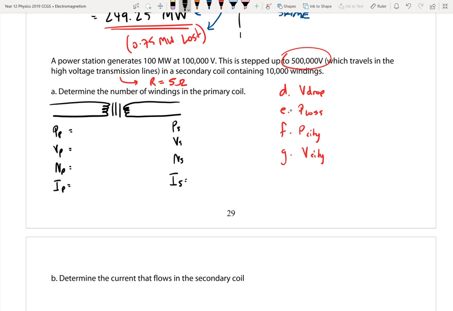All right, so what can we do? We can pre-fill: power is 100 megawatts, voltage is 100 kilovolts, your secondary coil is 10,000.